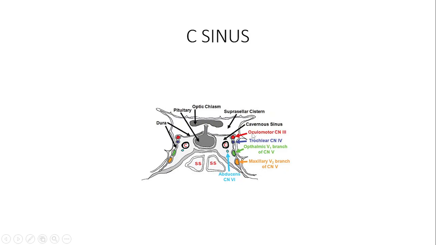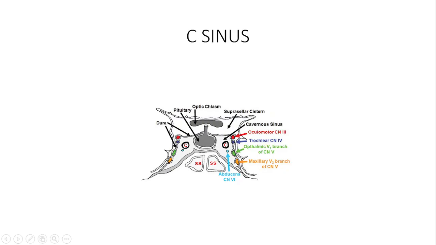Again, let us observe the structures we can find within the cavernous sinus. Here you have the oculomotor nerve. That is the lateral wall. Now we talk about the structures that pass through the cavernous sinus itself. Of course, the lateral wall also contains structures, but you should know those that run along the wall and those that run within the sinus itself. Along the wall, you have the oculomotor nerve, the trochlear nerve, the ophthalmic division of the trigeminal, then the maxillary division of the trigeminal.